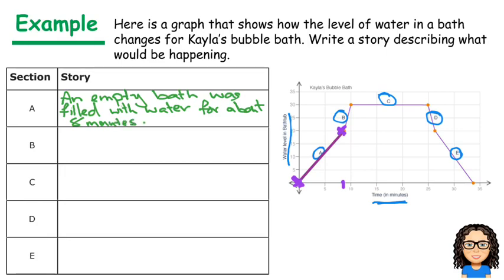Then let's have a look at what happens in our next section. So now we want to look at section B. In section B, there's this part here. What's happened here? Well, all of a sudden the bath has risen quite quickly in about 1 or 2 minutes. So either the water was turned on a lot faster, or more likely, this is when Kayla's got into the bath.